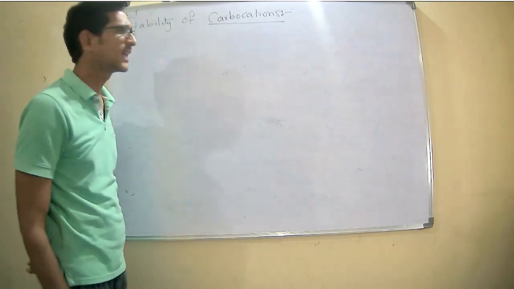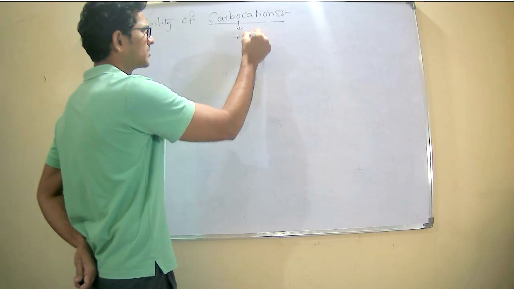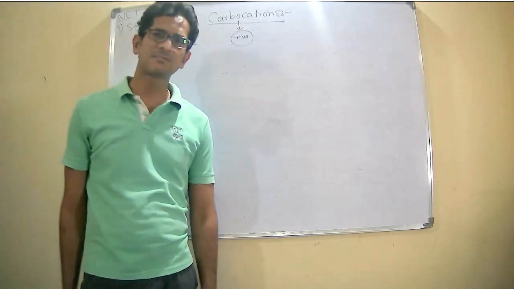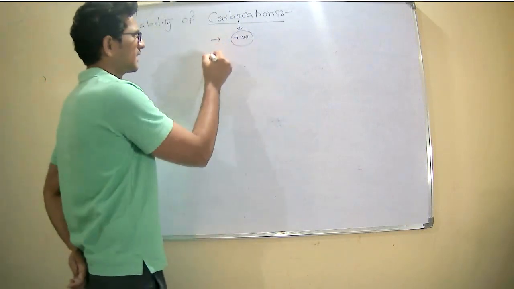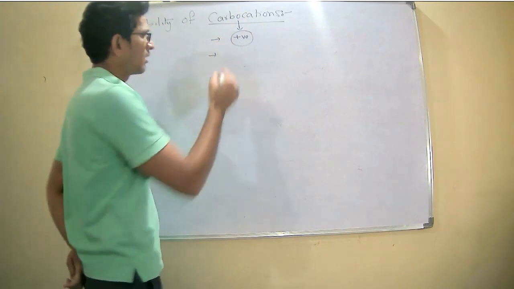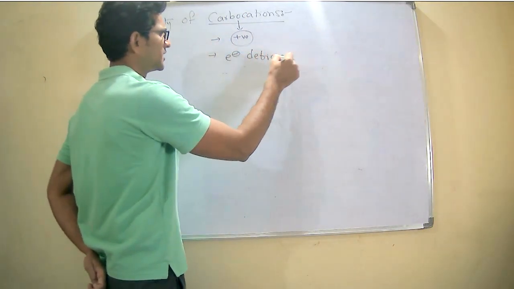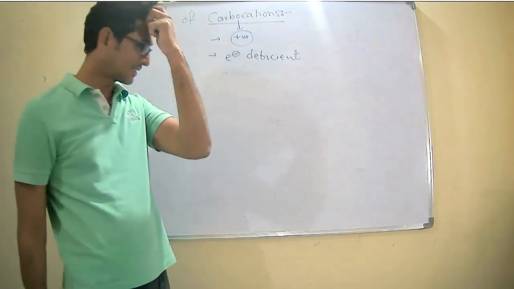A carbocation is nothing but a species with a positive charge. Next, carbocations are electron deficient species.